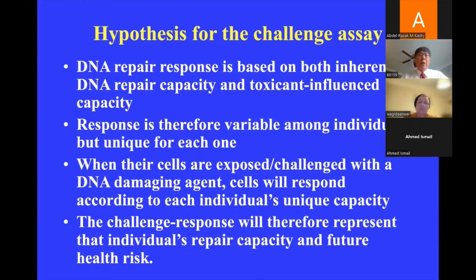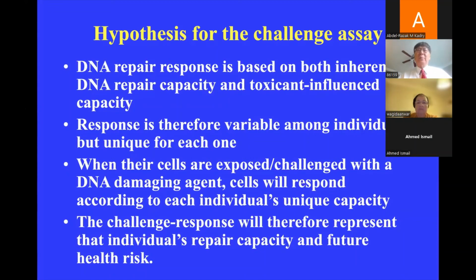So our hypothesis is that the challenge response will therefore represent that individual's repair capacity and future health risk. And that is essential. We want to use that as an individual identification for response to toxic substances, as well as medication, as well as to predict the health risk, right?